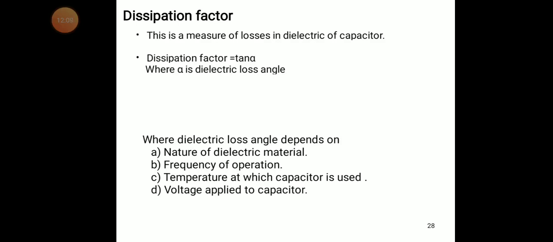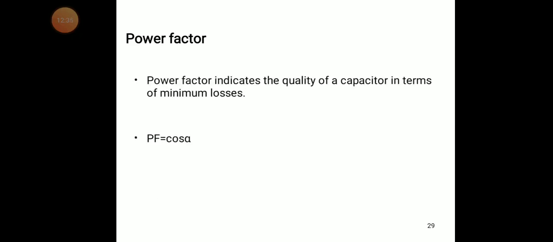Alpha depends on the nature of the dielectric material we are using, the frequency of operation, the temperature at which the capacitor is used, and how much voltage we are applying to the capacitor. All these factors affect alpha. This value is given in the data sheet.